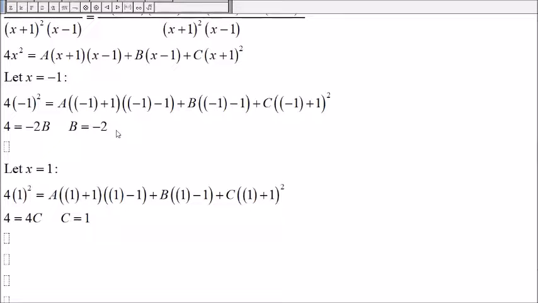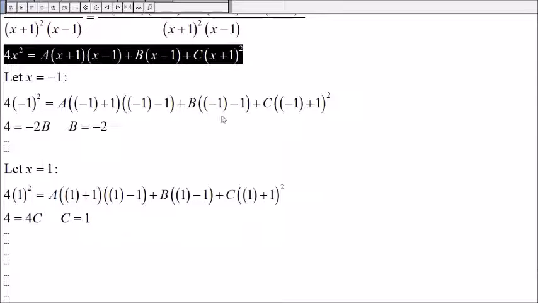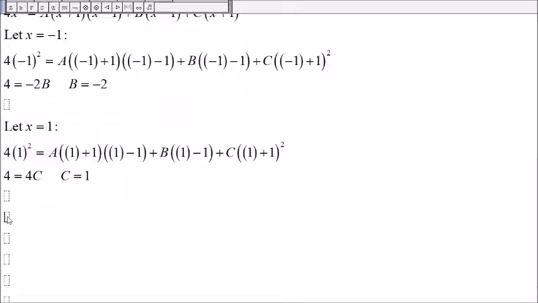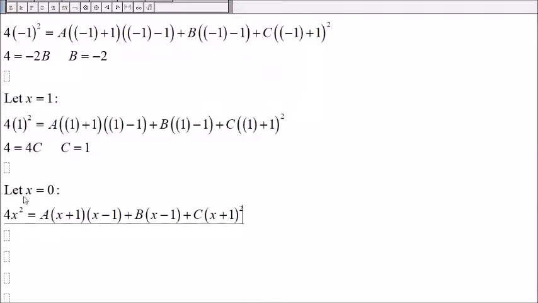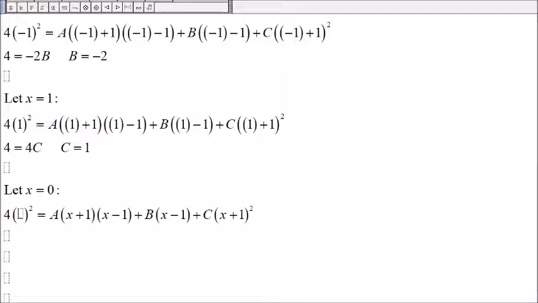So first we let x be -1, and then we let x be 1. And then now we don't have anything else that would make this factor 0. So we just have to choose any other small number. So we can let x be 0. x can be any number.